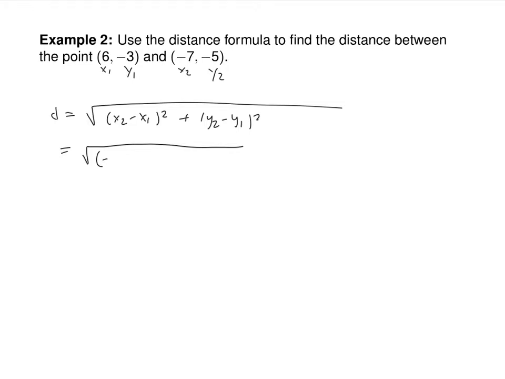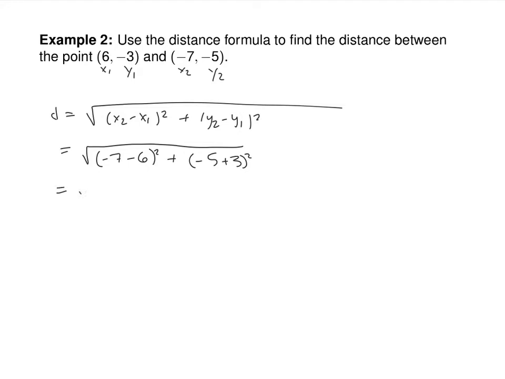Great. So -7 minus 6 squared plus, -5, and is it going to be plus 3 or minus 3? It'll be plus 3. Why is it plus 3? Because you're minusing a negative, right? Double negative making a positive.